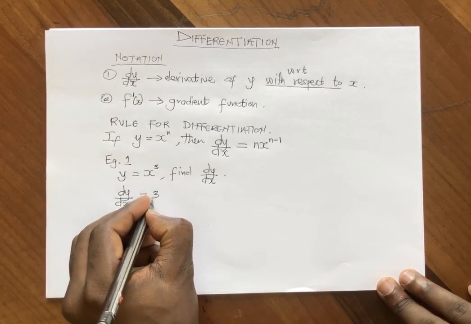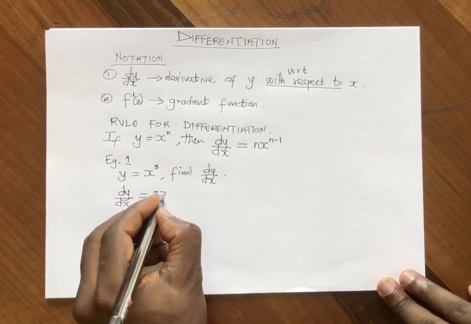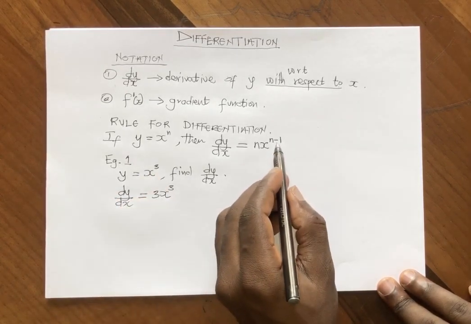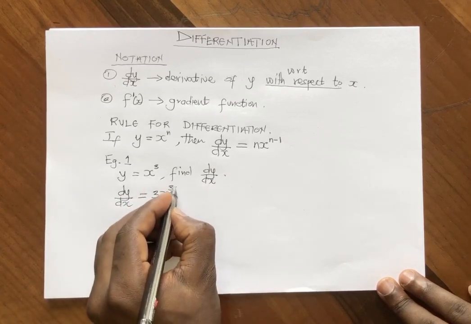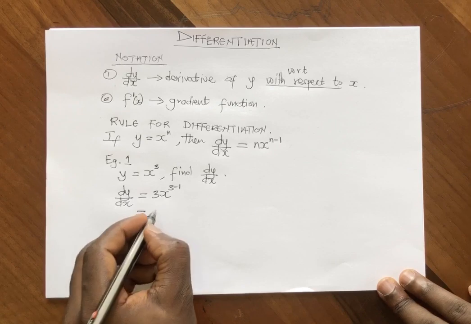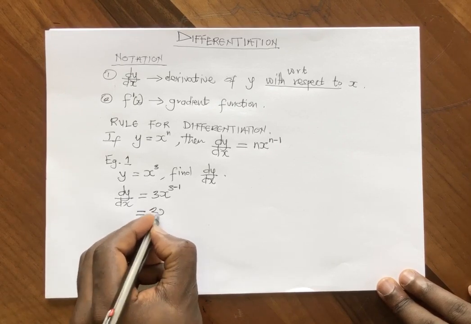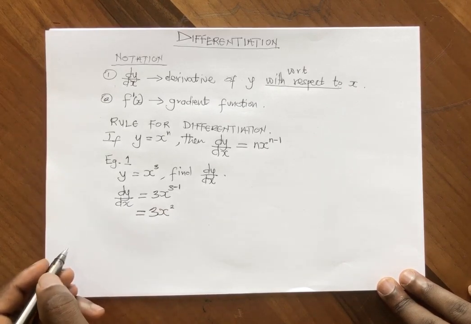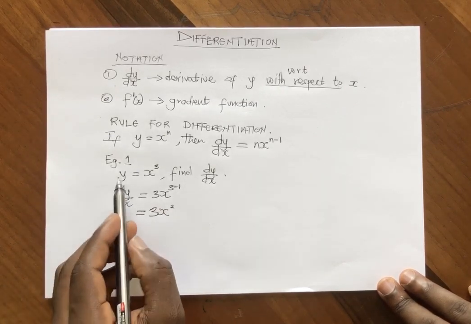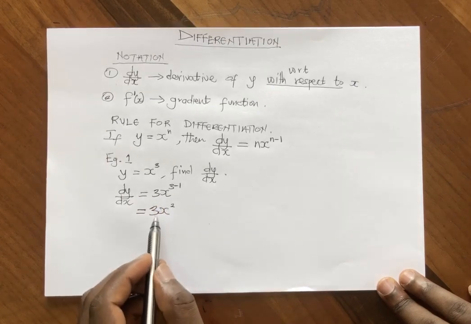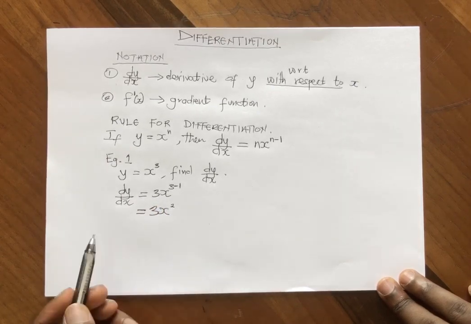So 3, then you write the x raised to the power 3, but now you subtract 1. What would this be? We still have 3x, but 3 less 1 is 2. Therefore, the differential of y is equal to x cubed is 3x squared.